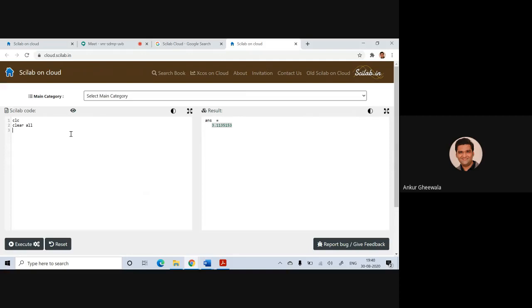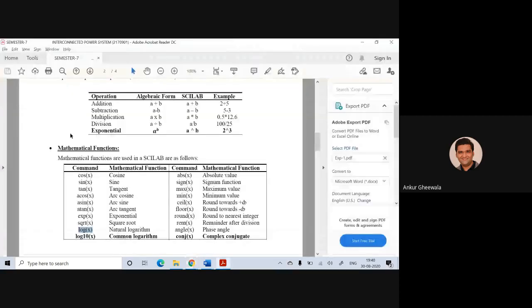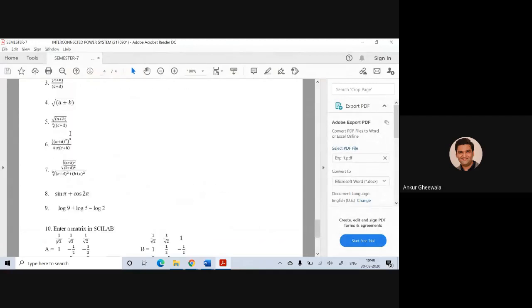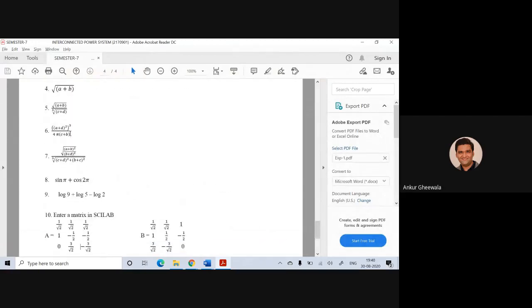I have also given questions related to matrix functions. Let's see here. Matrix A is given, but you can see 1 by root 2, 1 by root 2 is there. So how can you define this function?